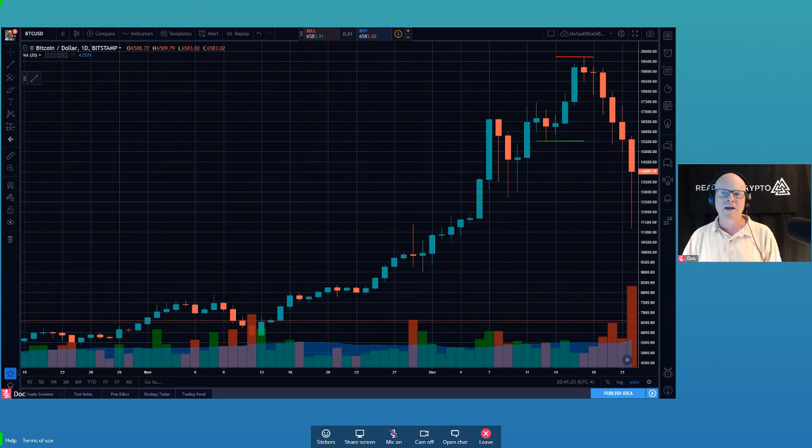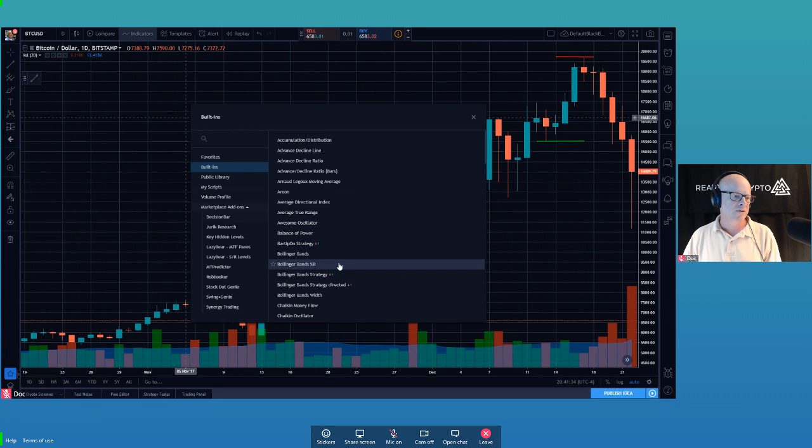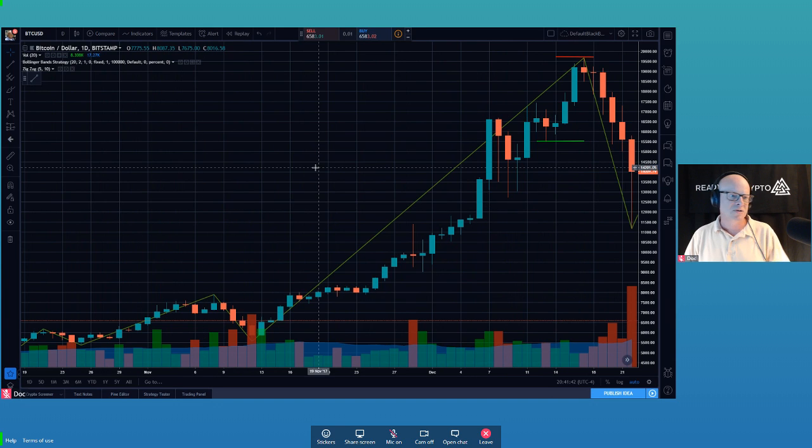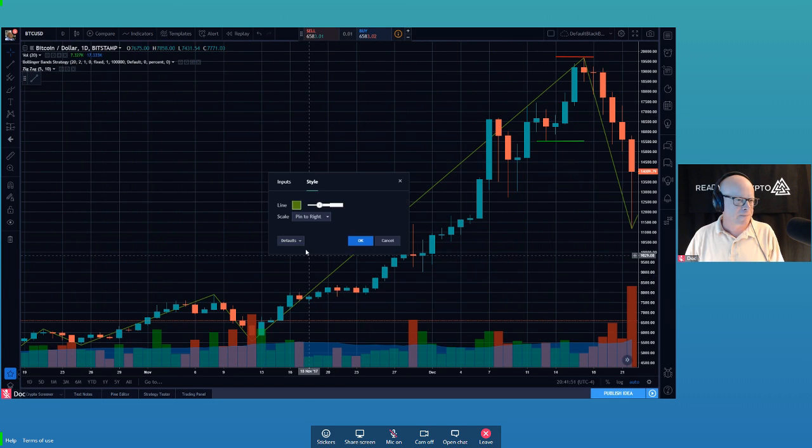And what I'm looking at, guys, is the structure here. And sometimes, you know, you can also play this game too. You can come over here and add indicators, and you can add what's called the zigzag onto here. So sometimes if you guys can't see these swings, you can add the zigzag. Let's go ahead and format the zigzag.